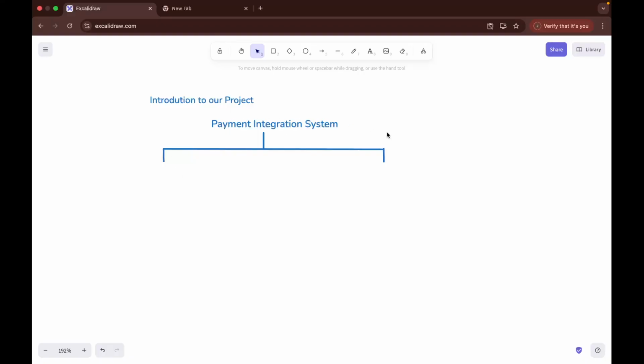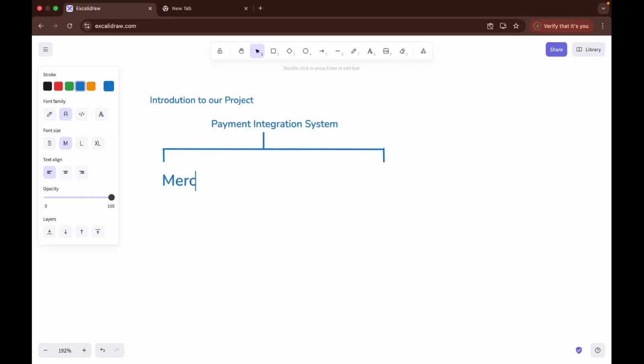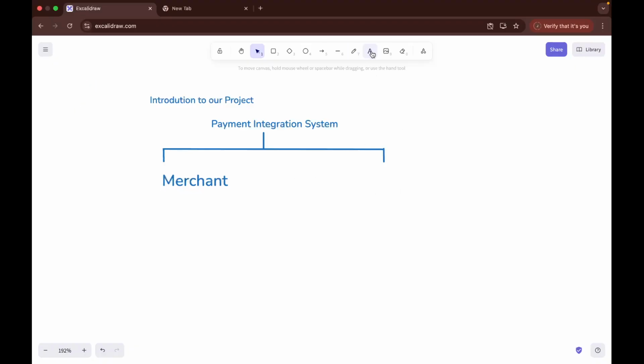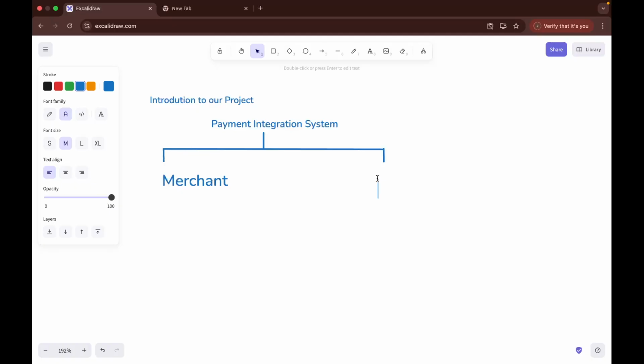The payment integration system is everything between the merchant and the PSP, and PSP is nothing but a payment service provider.